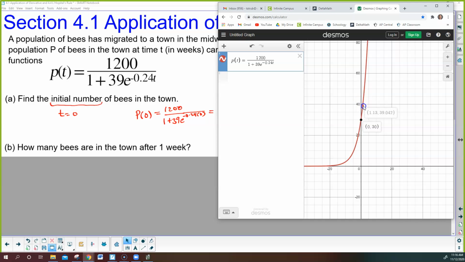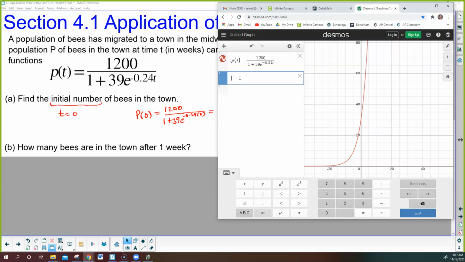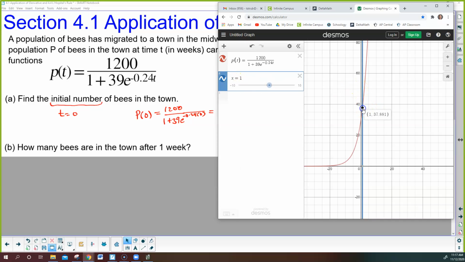Well, this is hard. I'm not guaranteed to get exact. Oh, hey, there we go. I was able to scroll on Desmos to find 1. Or I could just type in t equals 1. Actually, I think they want x in this case. If I type in x equals 1, that puts a vertical line at the spot 37.881.